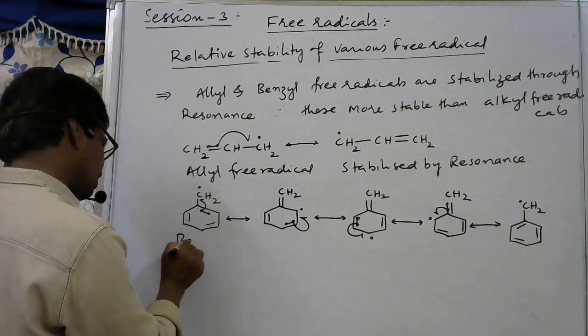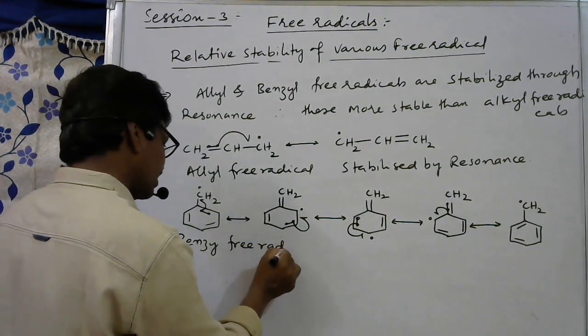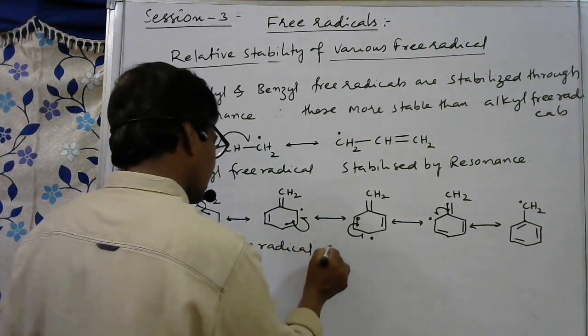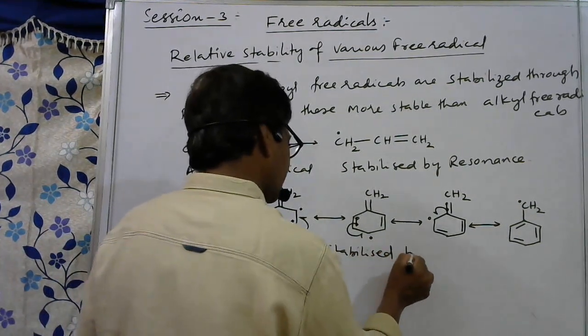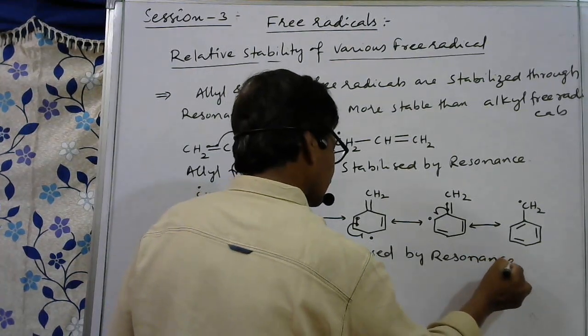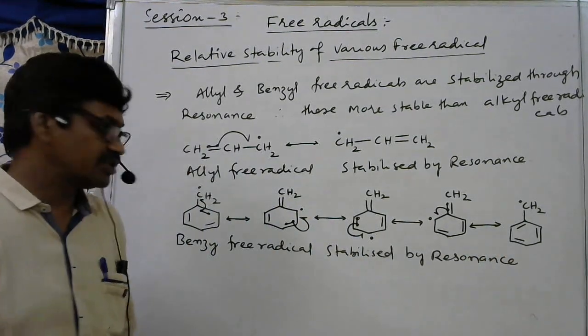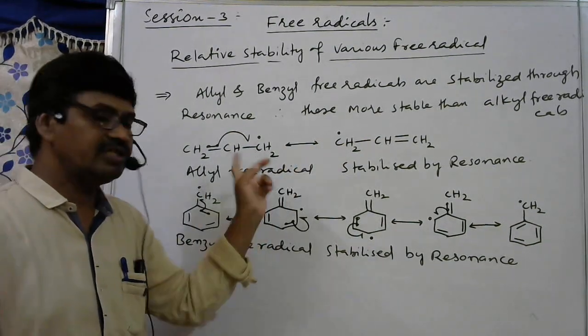This is a benzyl free radical. It is also stabilized by resonance. But here 1, 2, 3, 4, 5 resonance forms we have. Allyl free radical has only 2 resonance forms.